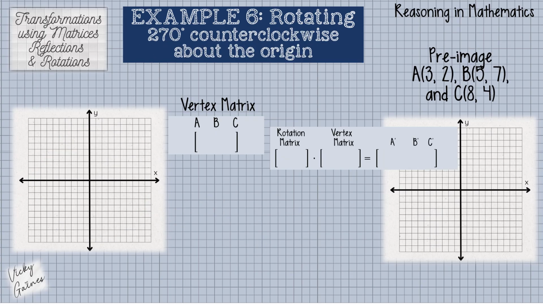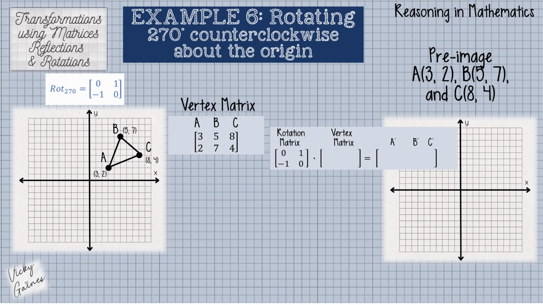Example 6 is rotating 270 degrees counterclockwise about the origin. We're starting off with the exact same triangle. There's our rotation matrix. So there's A, B, and C. And we can make our vertex matrix just like we've done before. There's our rotation matrix and our vertex matrix.